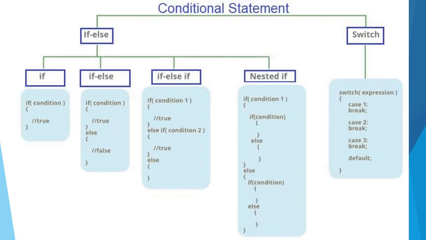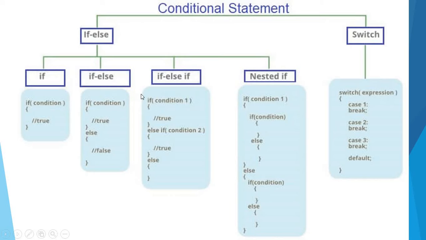If I want to compare two different numbers to find which one is the largest, let's assume you are going for if else. If x is greater than y, it will print x is greater. Otherwise, it will go for the else statement, that is x is smaller than y.